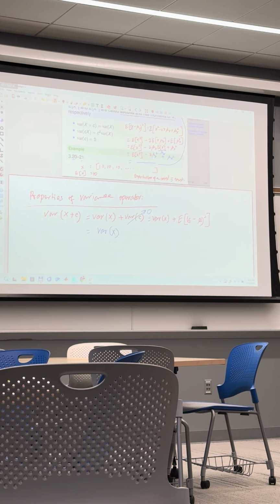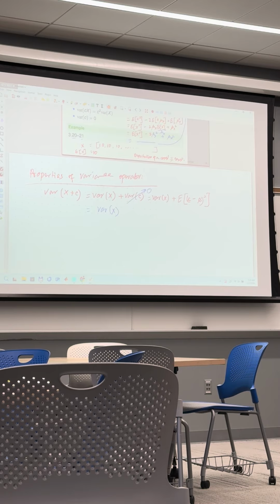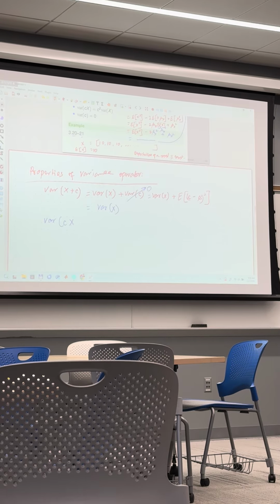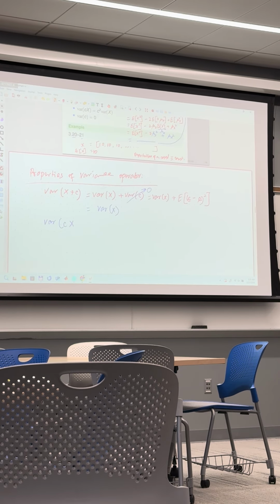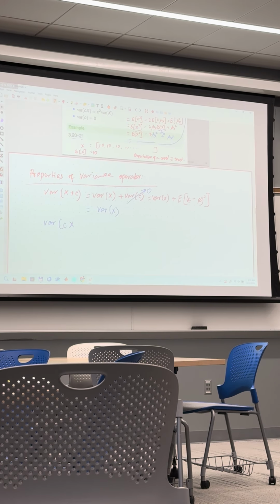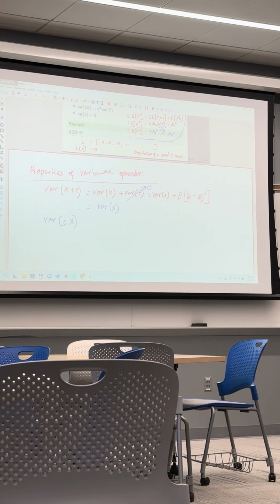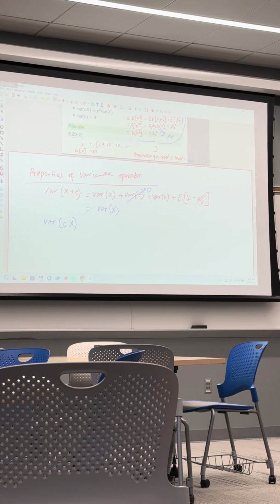If the random variable is multiplied with the constant, and you want to take the variance of constant times x, put this in the form.